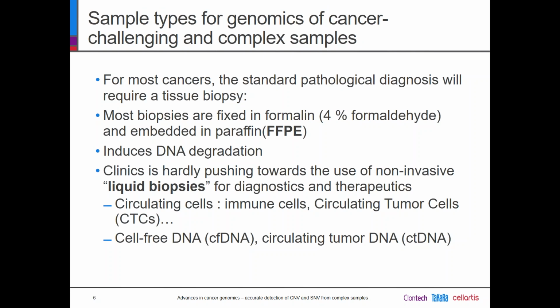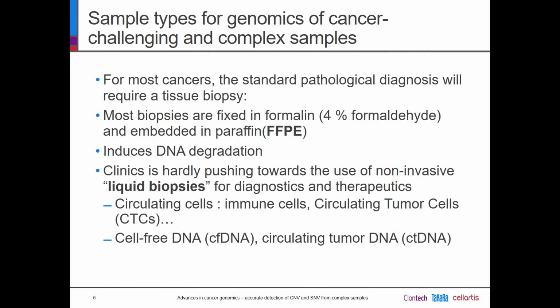Of course, generally speaking, cancer samples are what we call complex and challenging samples. So, for instance, most of the cancers make use of tissue biopsy, which is a very invasive way of getting samples.